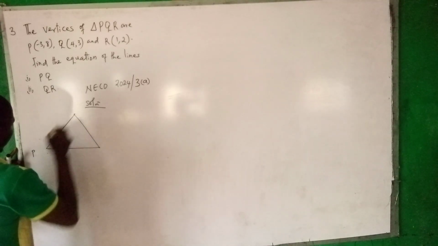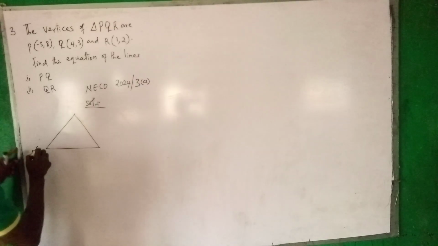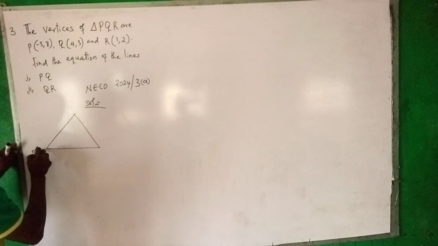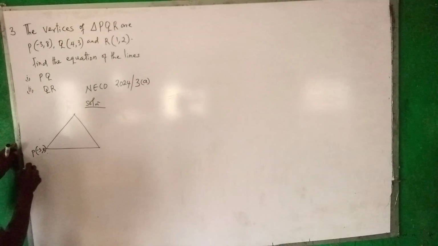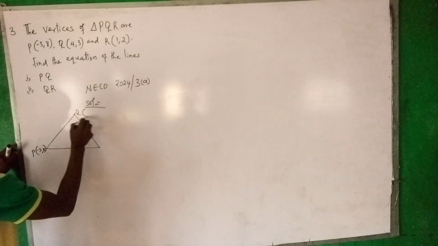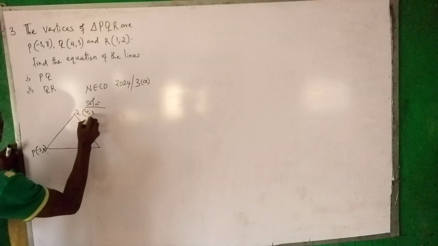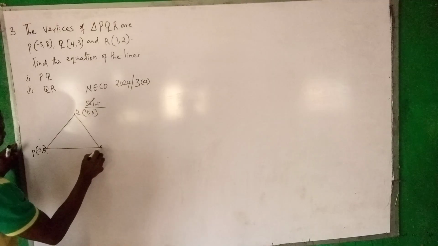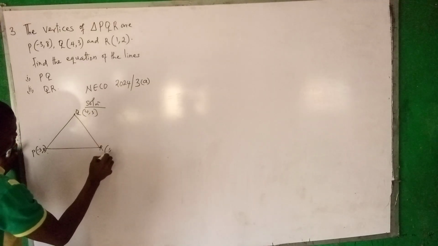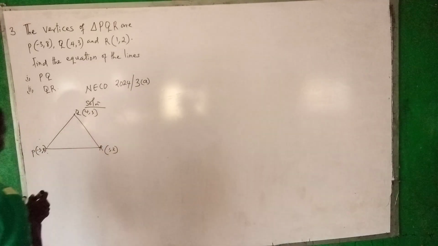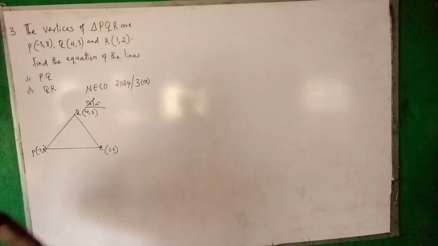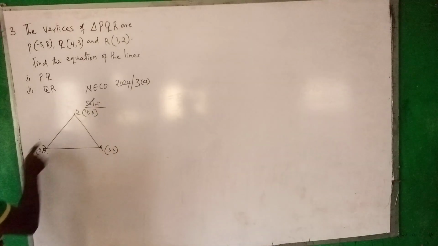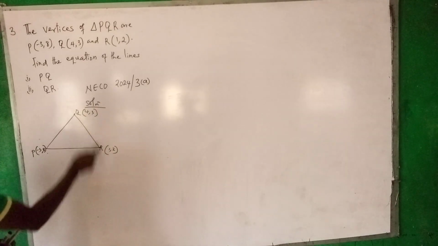P has the coordinate (-3, 8), and this is Q, coordinate (4, 3), and this is R, coordinate (1, 2). Now we are asked to find the equation of PQ and QR.